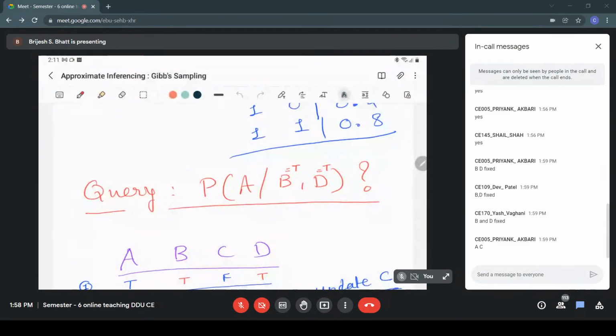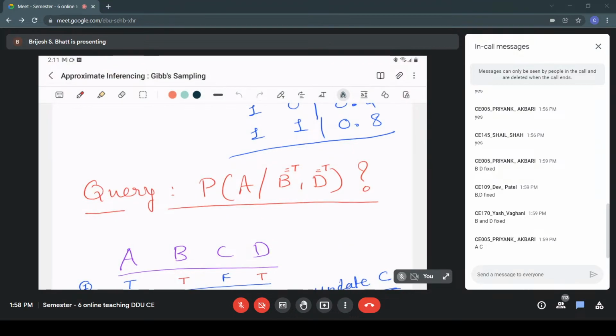From the top-down scanning of the graph. If you remember, in random sampling and likelihood weighing also, our order was top-down, left to right. So top variable first, and left variable before right variable. So this is our standard practice. So we will follow the same order.